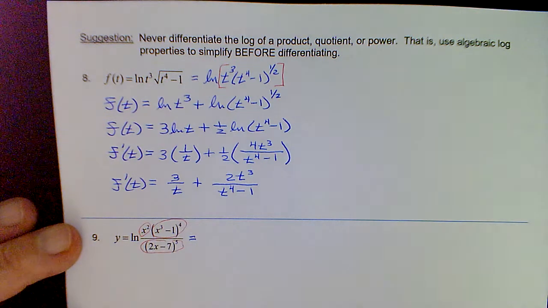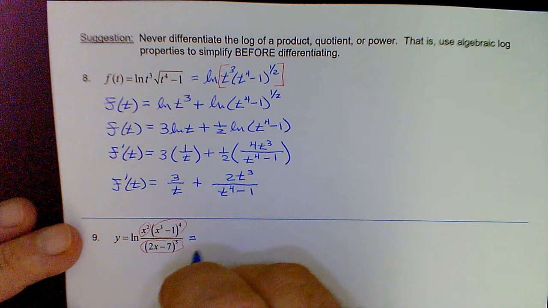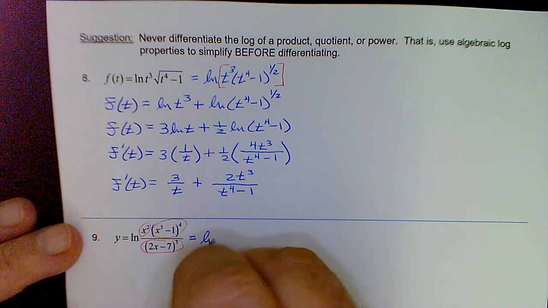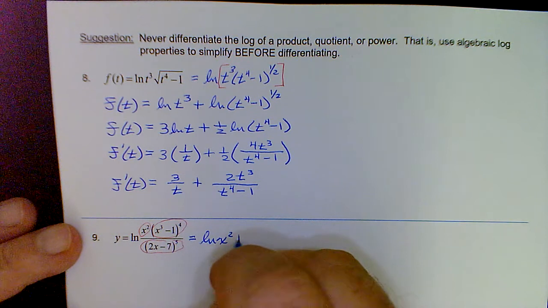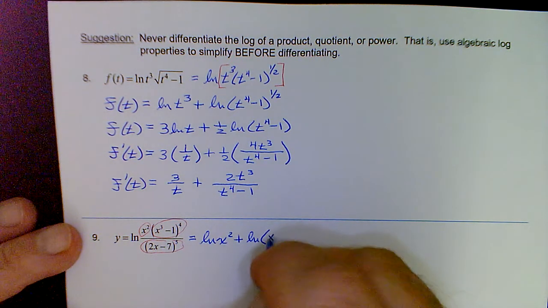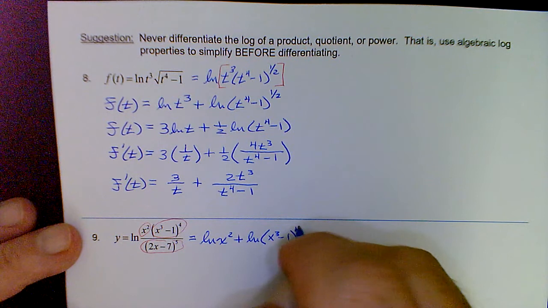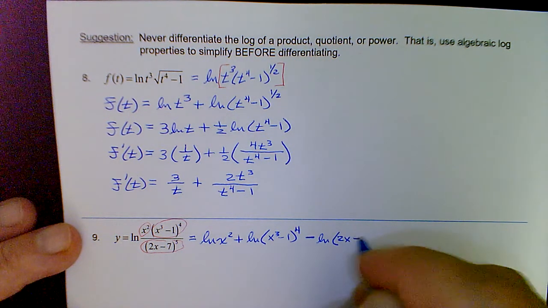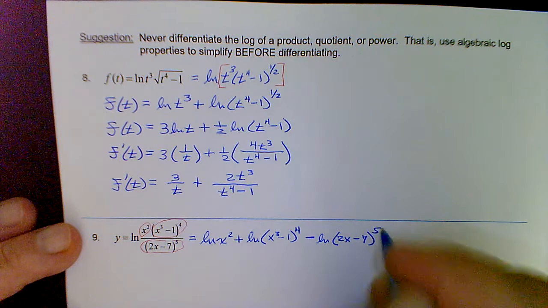And remember, when you break them down, if there's a factor in the numerator, the coefficient of the log will be positive, and if there's a factor in the denominator, the coefficient of the log will be negative. So this becomes natural log of x squared plus the natural log of the quantity x cubed minus 1 to the fourth, but then minus natural log of the quantity 2x minus 7 to the fifth.